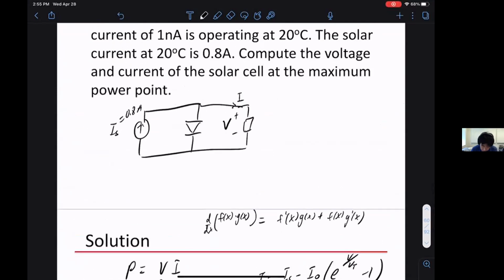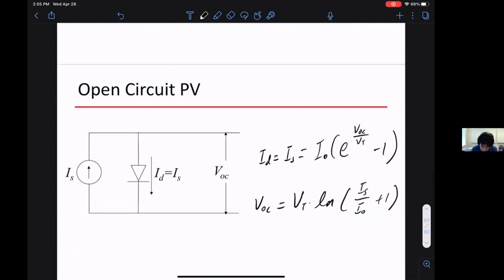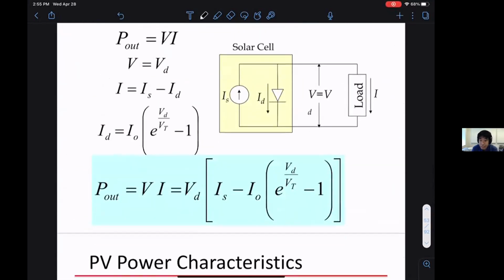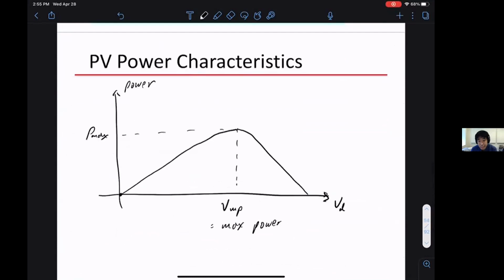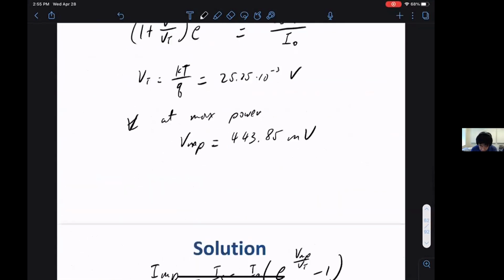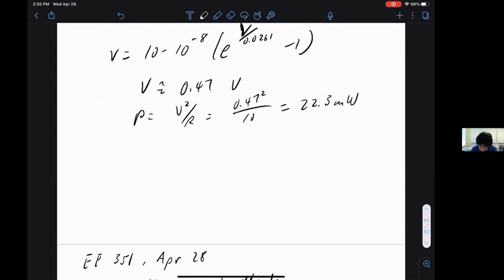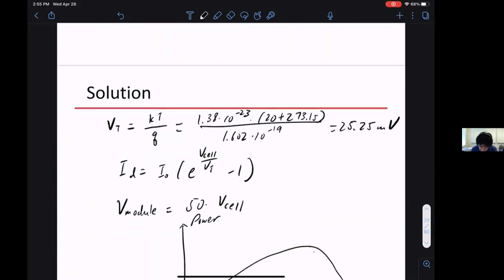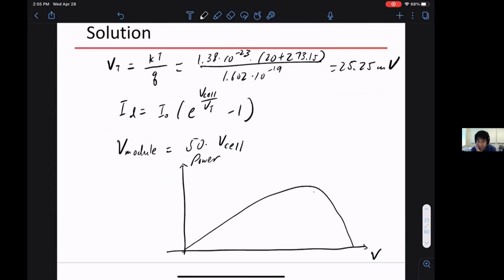So what would happen to our PV equation? This, right? So just plot this equation. Oh, okay. Yeah. So it will look something like that, with a peak somewhere. Yeah, so it's a fairly simple equation to use. So you can draw it and it peaks somewhere.